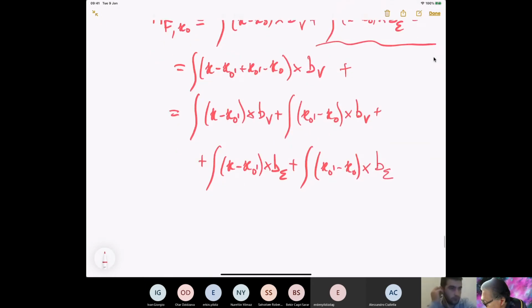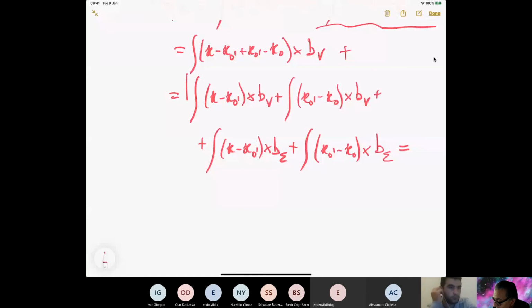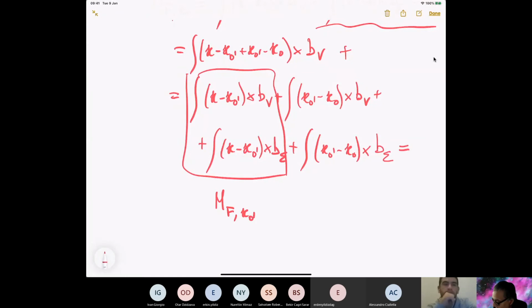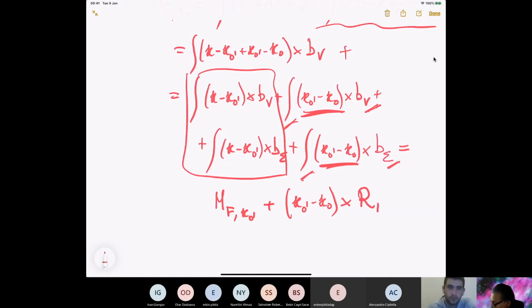Okay? Now, this is M F x0 prime, and this vector, which is constant, you can take out of the integral, and what you get here, you have integral of b v, integral of b sigma. So this is the resultant force.